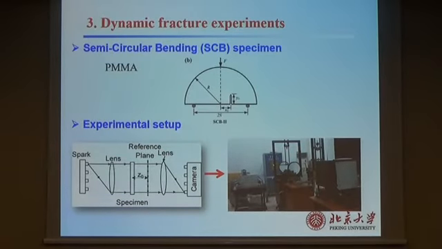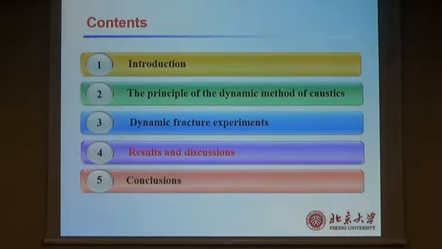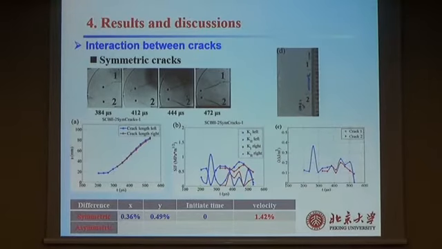We use this design to make the specimen. This is a semicircular bending specimen, and we use multiple spark high-speed cameras to record the caustic pattern during the crack propagation. And I will show you some results.